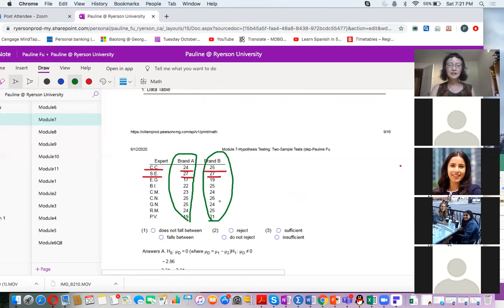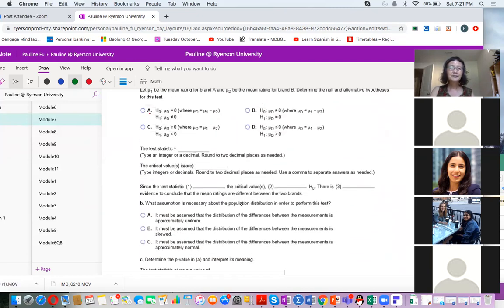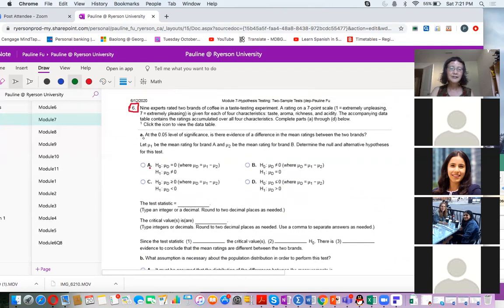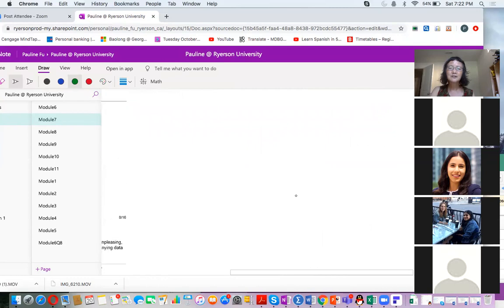So this is the original data. Once you have this original data, what is the question here? Question A, at 0.05 level of significance, is there evidence of a difference in the mean ratings between the two brands? In our textbook, when you have dependent samples, the very first step, do I have the data here?